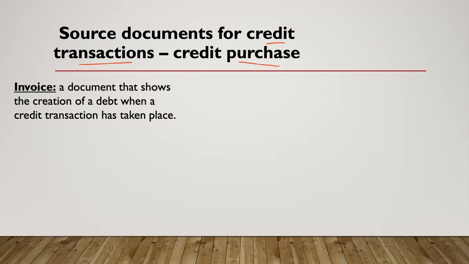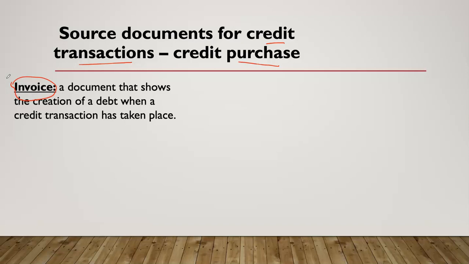I say that the same because anytime there's a credit transaction, this means that we have a document called an invoice. Not to be confused with the tax invoice, this one is a specific invoice. Tax invoice is also a cash receipt if it tells us GST information.